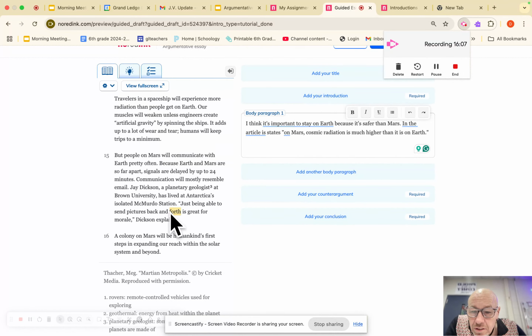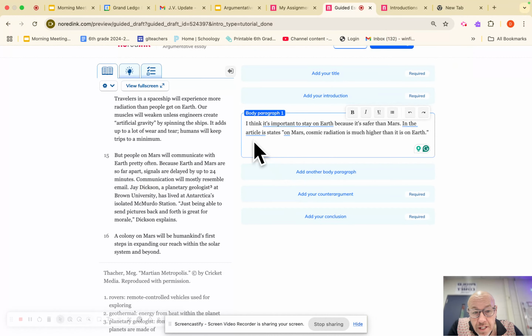Now the last thing I'm going to do, I'm going to take this quote right here to support why I wouldn't want to be on Mars. And she says that it's hard to get information in a timely manner. So I would say, I'm going to create a dialogue quote, which is going to be this.